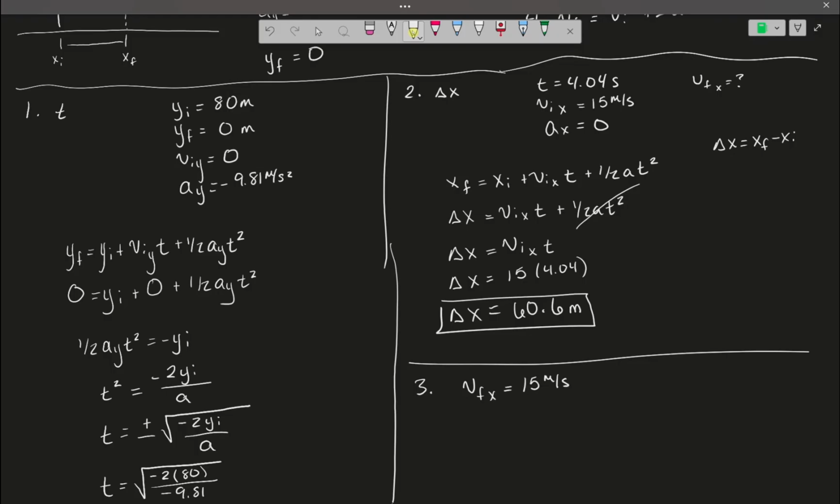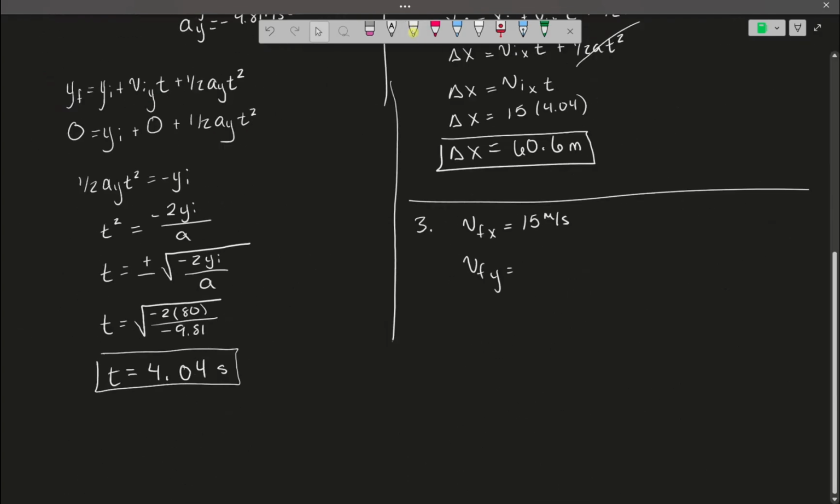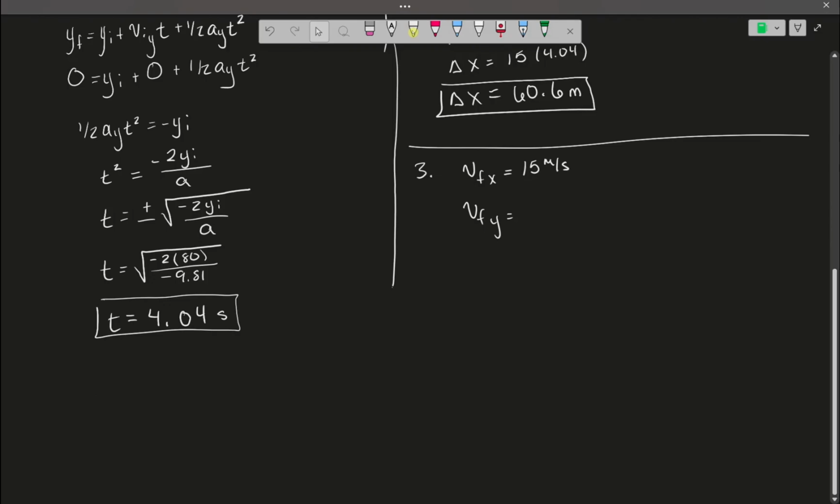Now I need to determine what my final velocity is in the y direction. So to do that, I'm going to try to determine which is the easiest equation for me to use to find that final velocity in the y direction, and I think it's going to be equation 2 again. So I have that my final velocity in the y direction is equal to my initial velocity in the y direction plus the acceleration in the y direction times time.